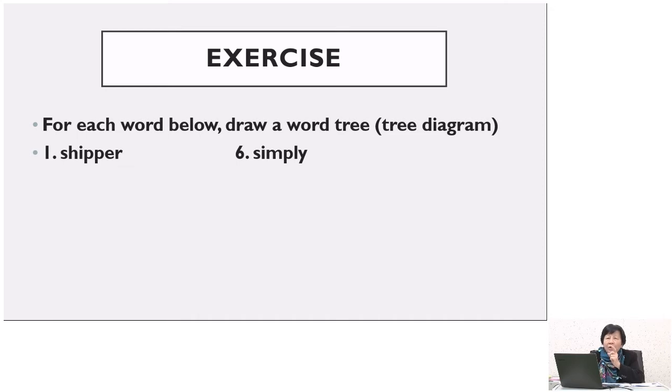I give you only one form, because for ship you can have shipper, shipping, ships, shipped. That is a set of words that mean the same thing but have changed into different forms. Okay, one form of the lexeme.